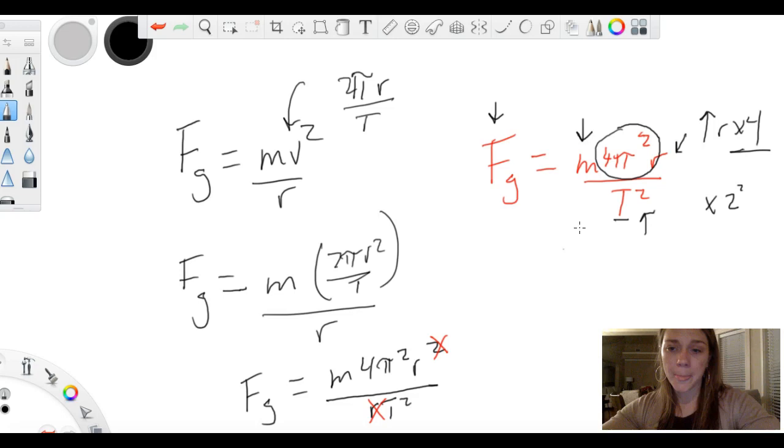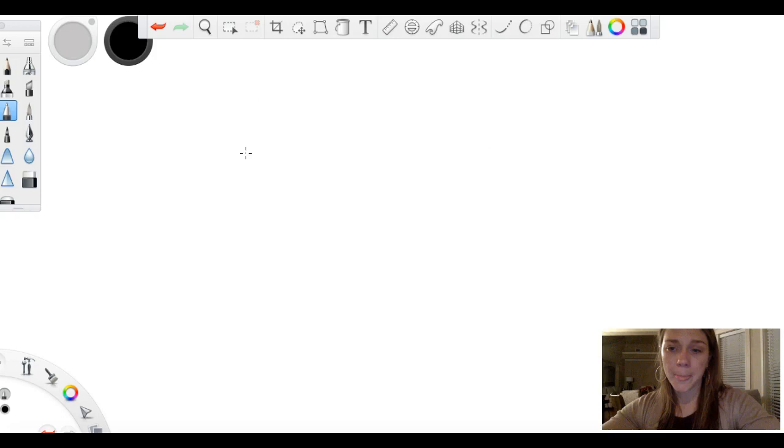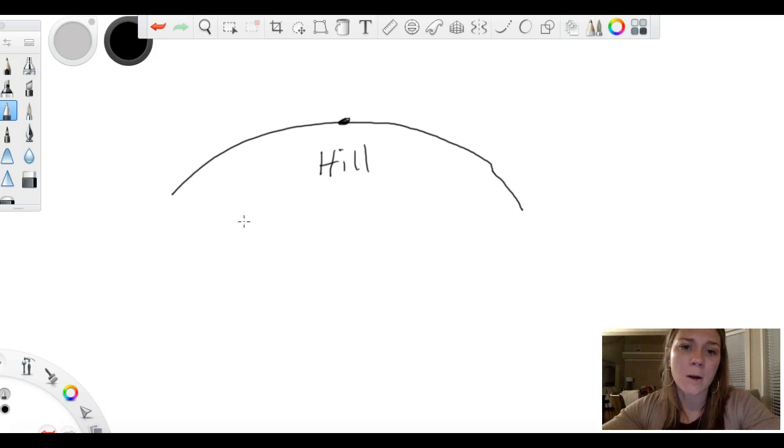So being able to do proportionalities like this is going to really help. And then also being able to write your summation equations. So if I have a roller coaster and I'm on the top of the loop, or maybe this is a hill and you're in your car, maybe this is a valley down here. You know that the centripetal force or net force is going to be inward. So in this case over here, your normal force is going to be greater than your gravitational force.